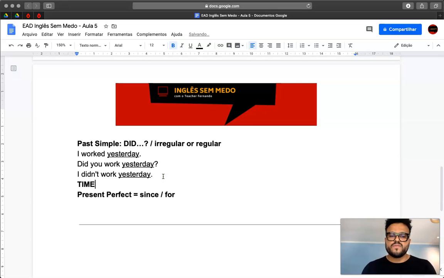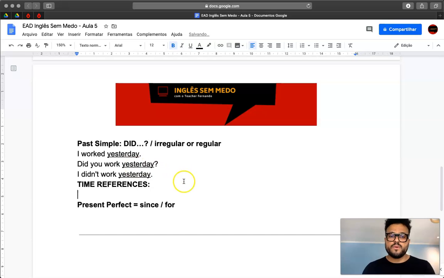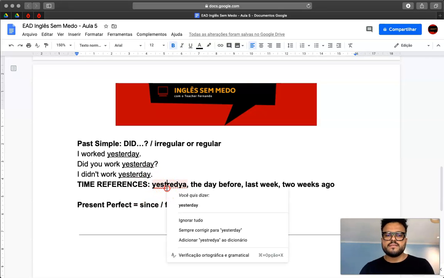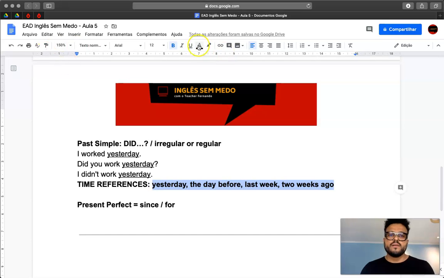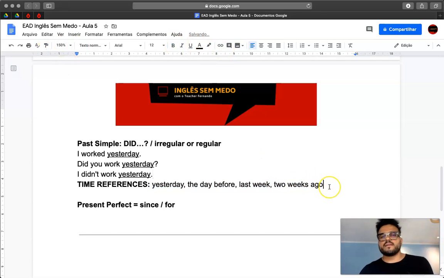We use time references when we use the past simple. Yesterday is one example, the day before, last week, 2 weeks ago. These are some possible words that we can use to refer to the time of the activity.